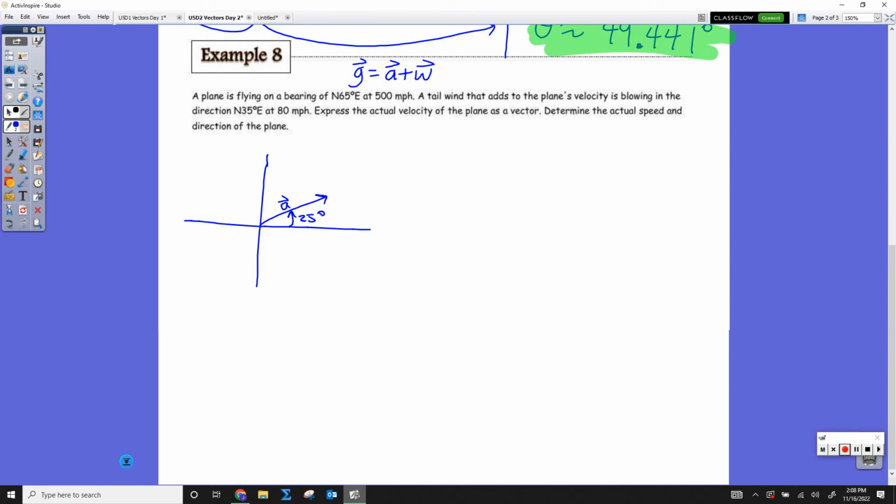Okay, so let me do a little bit of bearing for a second. If I remember the north, south, east, and west lines, or little x and y axis, if we went north 35 degrees east, that would be that direction, north 35 degrees east. Okay, so if I drew that vector in, 35 would be in this position, which means 55 would be in that spot.